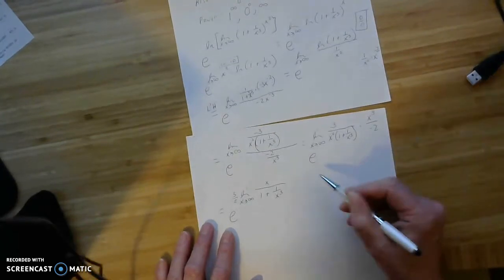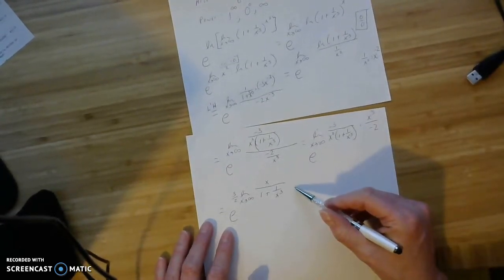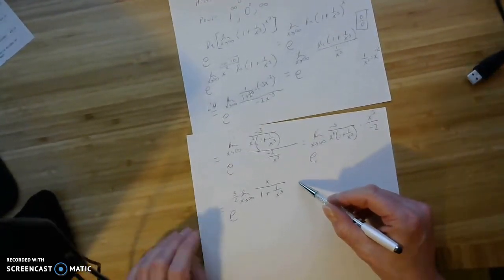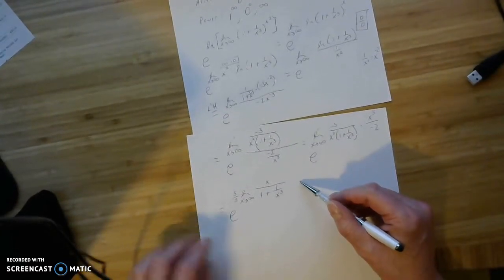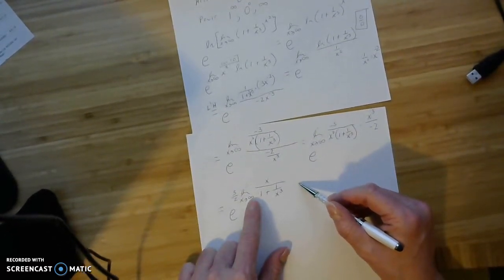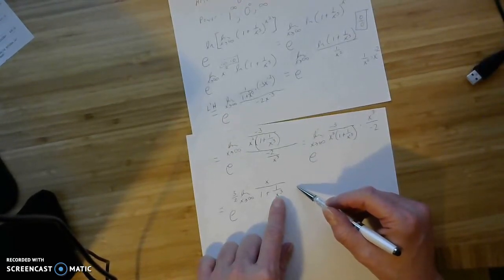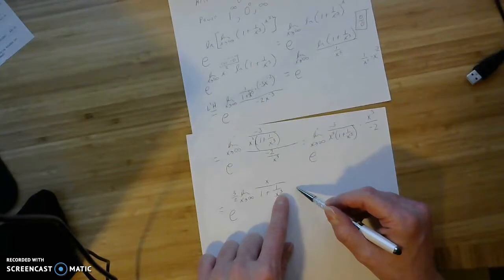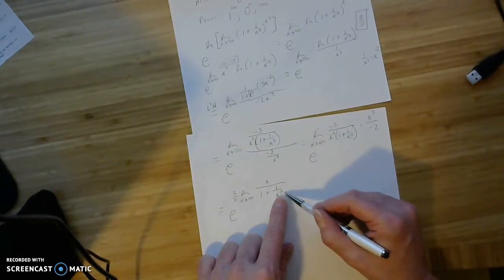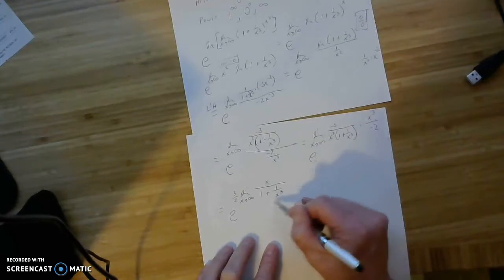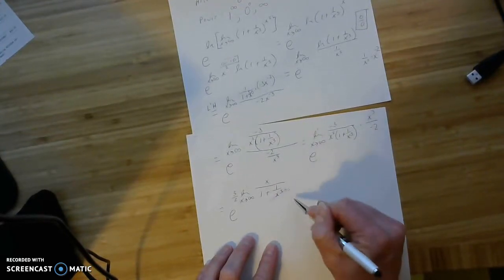Now, I'm looking at this and I'm wondering, well, what do I do now? Well, when in doubt, plug in again. Okay, so I've got x going to infinity, so I'm going to plug it in. I've got x cubed in the denominator, so x cubed is going to go to infinity, but 1 over that goes to 0, which means my denominator here is basically going to 1, because this part goes to 0.